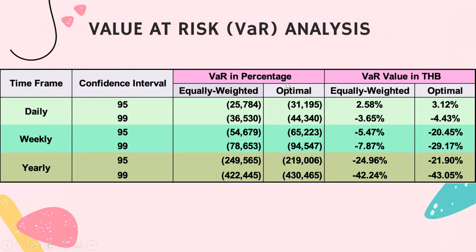And we also have the value at risk at the various time frames here. As you can see from the table, most of the numbers here are in the same fashion.